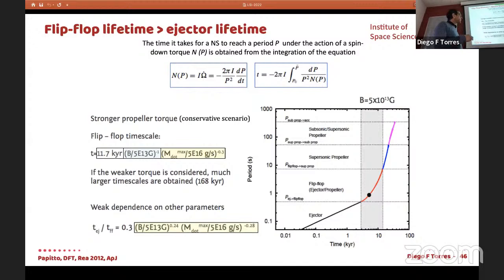Putting everything I said into the model, we try to explain when the system should disappear, at what frequency, and which should be the preferred period for this to work. The preferred period is marked here with this black dot at around 0.3 seconds.